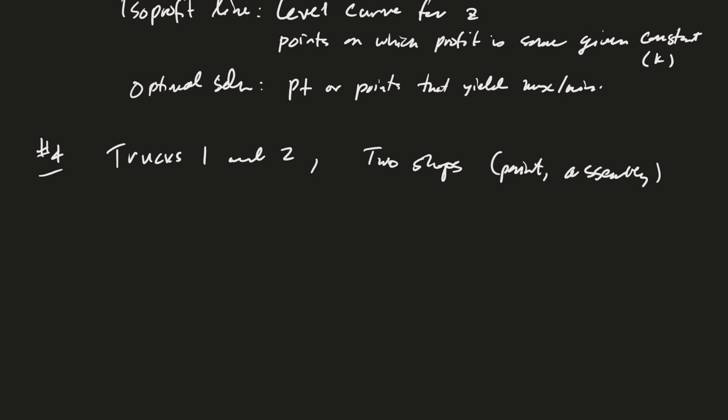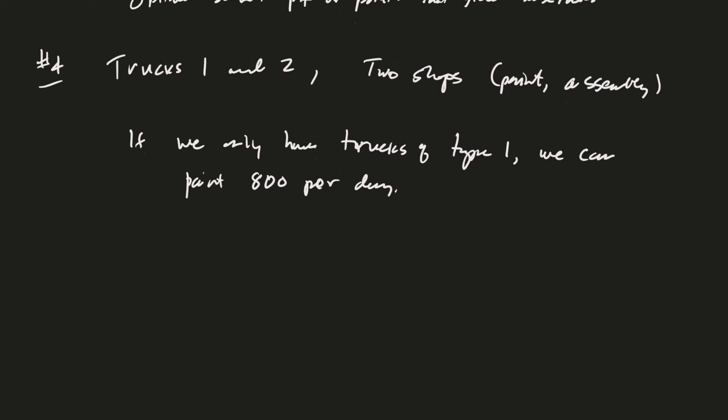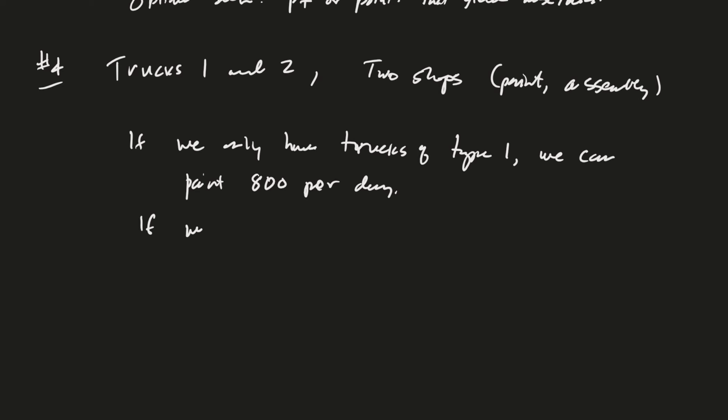Okay, so we're told that if we only have trucks of type 1, we can paint 800 per day. So if we have only trucks of type 2, we can paint 700 per day.